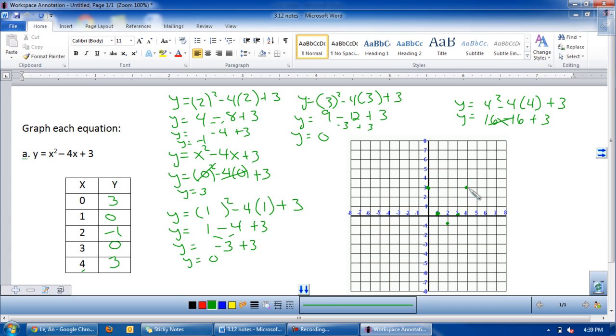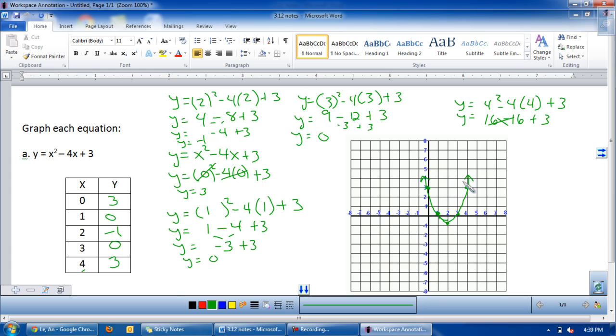Alright, so notice this graph doesn't look like the ones that we've graphed before. Let's go ahead and connect these points. Okay, and we're going to put arrows, meaning if we continue to plot more points, we're going to see that the arrows will continue upward infinitely.